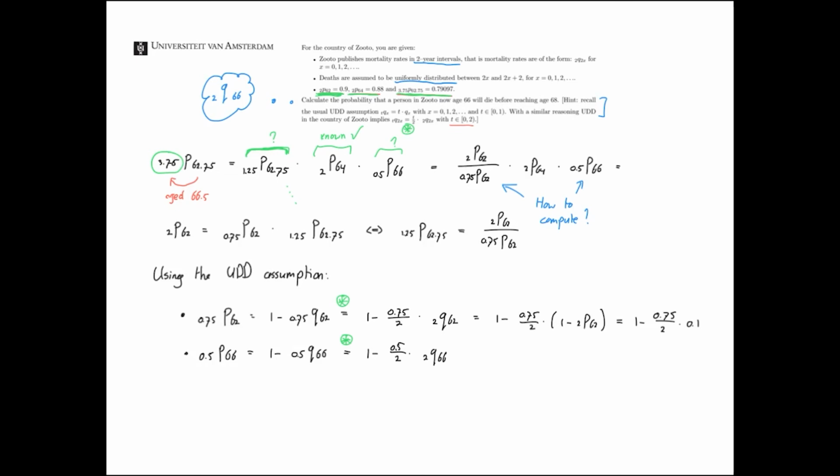Now we see that this is the probability that we needed to compute, right? So this is the probability that is actually asked of us. See the thought bubble in the top left. And we don't know anything other than this, so we need to leave it as it is. So this is, let's say, 0.5 over 2 is 1/4 times 2q66.